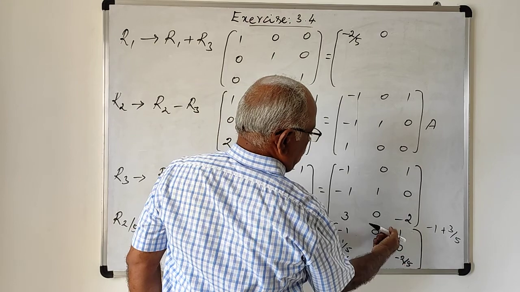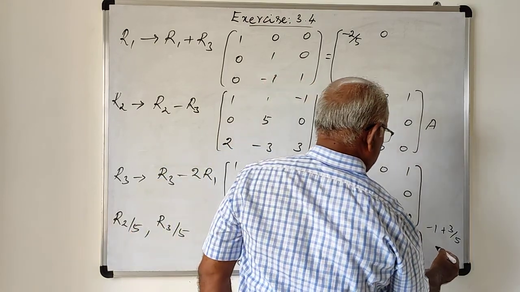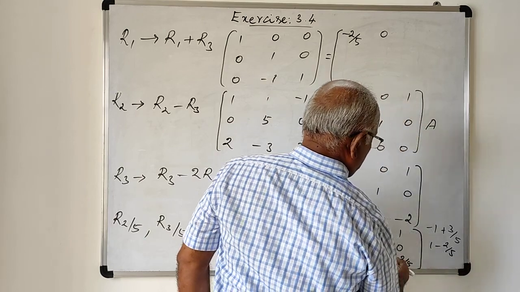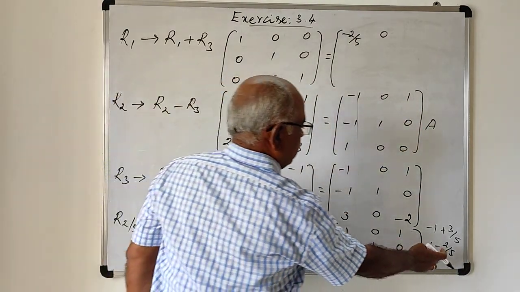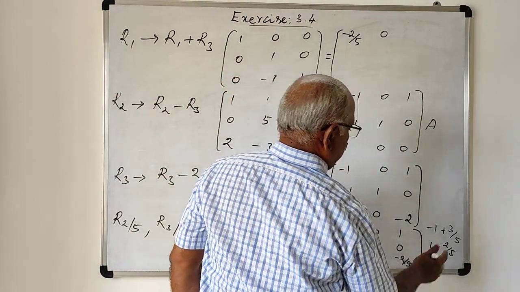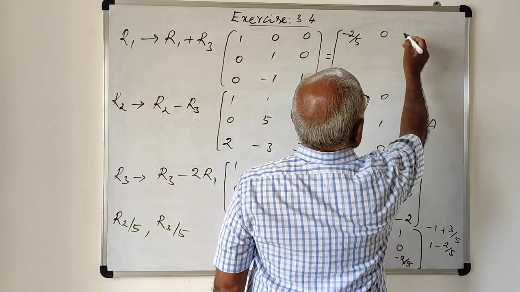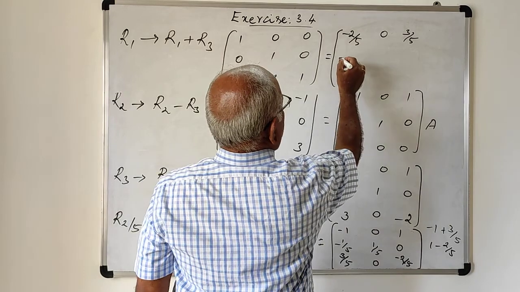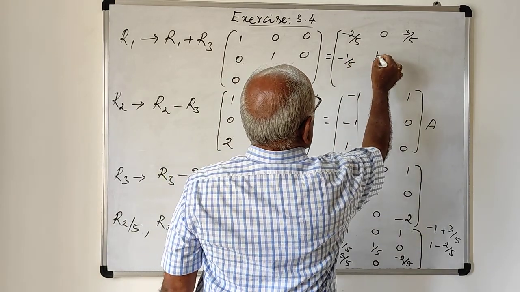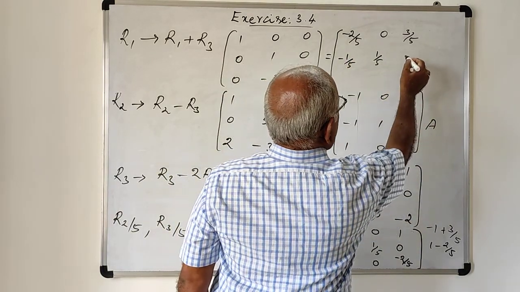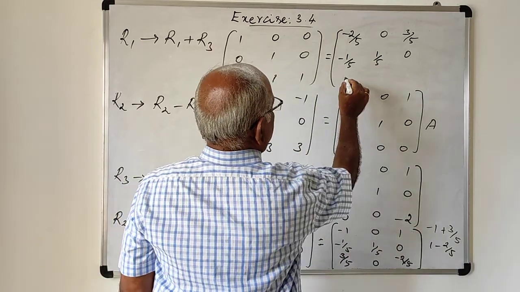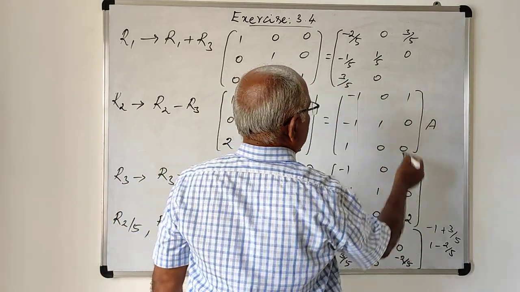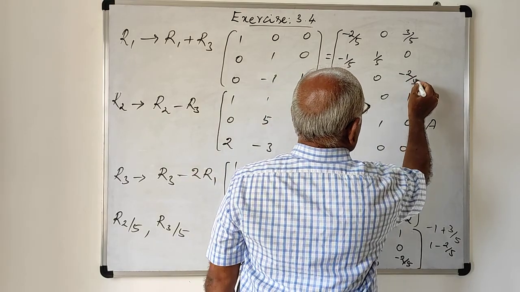R1 plus R3: 1 minus 2 by 5, that is 5 minus 2, 3 by 5. The remaining stay as they are: 1 minus 1 by 5, 1 by 5, 0, 3 by 5, 0, minus 2 by 5.